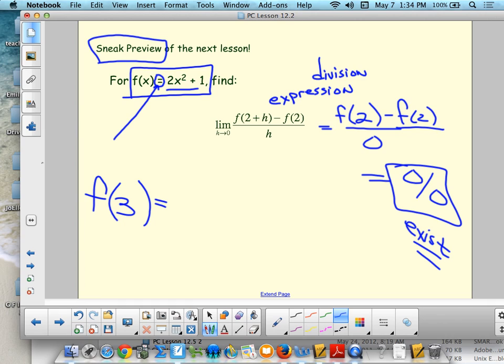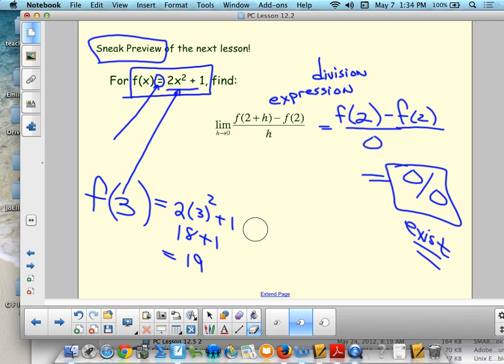Plug in 3 for x. 3 goes in for x. You'd say 2 times 3 squared plus 1. That's 9. 2 times 9? 18. Answer's what? 19. That wasn't hard, was it? Okay, stick with me. It's the same thing.